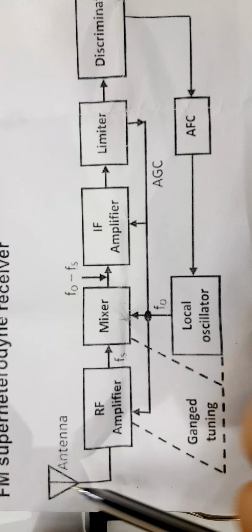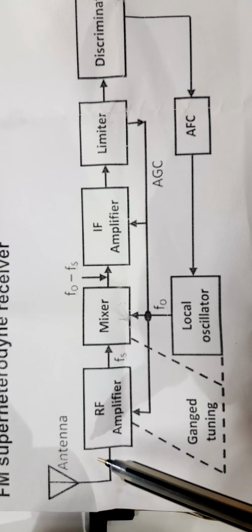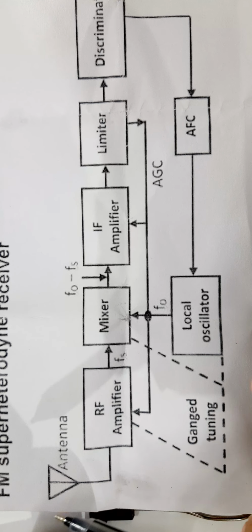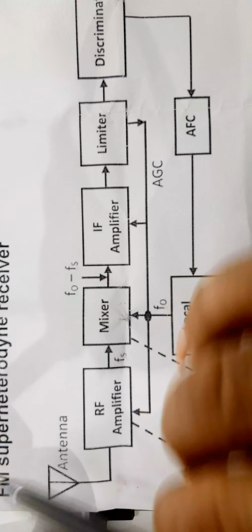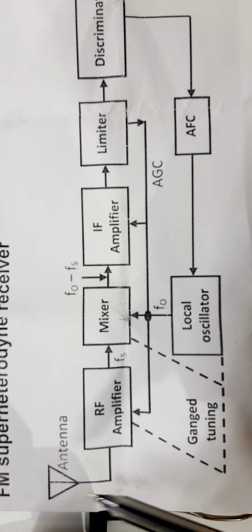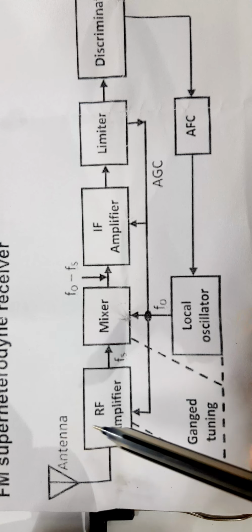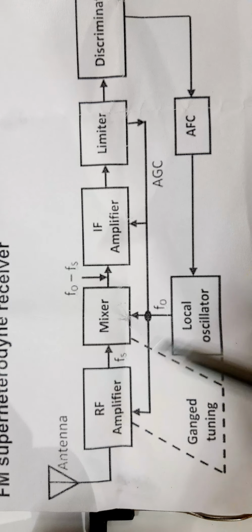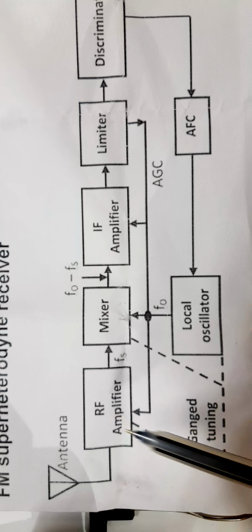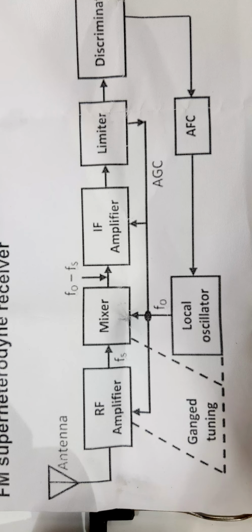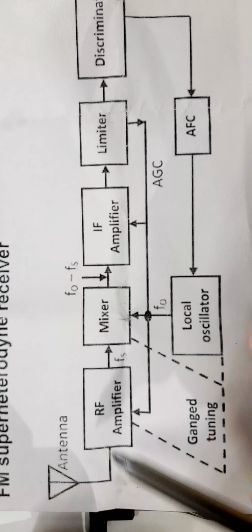This receiving antenna receives the signals from all stations, and also while traveling it becomes very feeble. Therefore, this RF amplifier should be very sensitive to receive even a weak signal from this antenna.